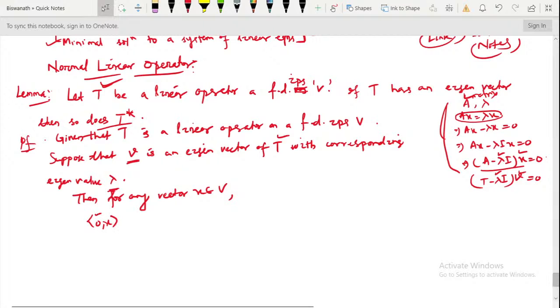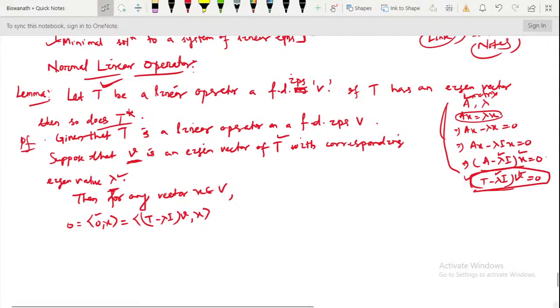Since one vector is 0, the inner product of 0 with any vector is 0, and in place of 0 I can write T minus lambda I of V. This holds because lambda is the eigenvalue and V is the eigenvector of T.